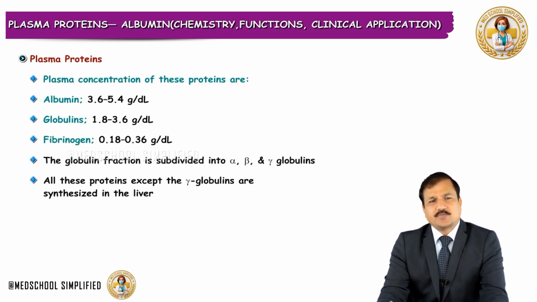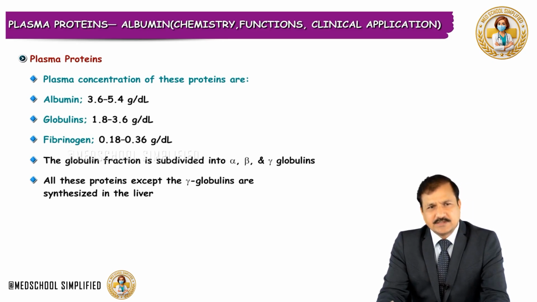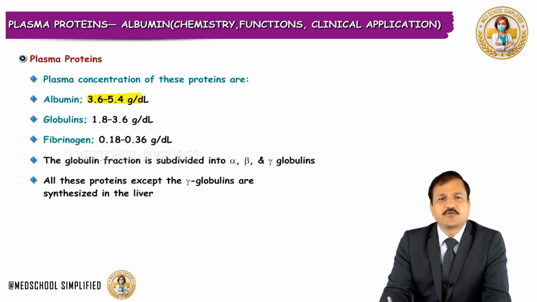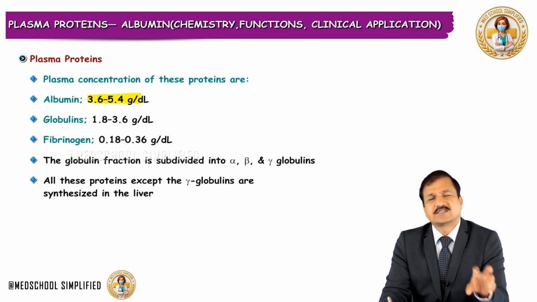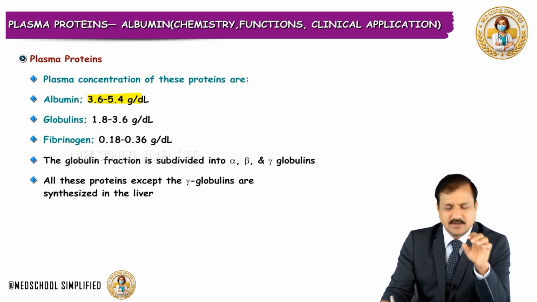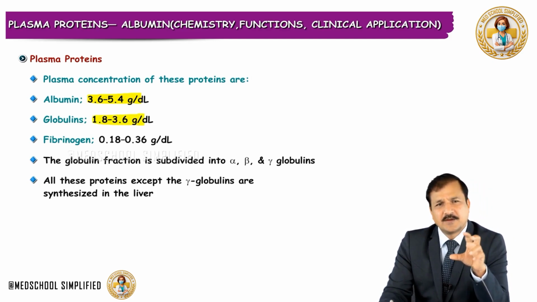Now coming to the concentration of these three major plasma proteins in the blood. Albumin amounts to 3.6 to 5.4 grams per deciliter. So we can say roughly 3.5 to 5.5 grams, just to remember the number accurately. And then the globulins go from 1.8 to 3.6 grams per deciliter.